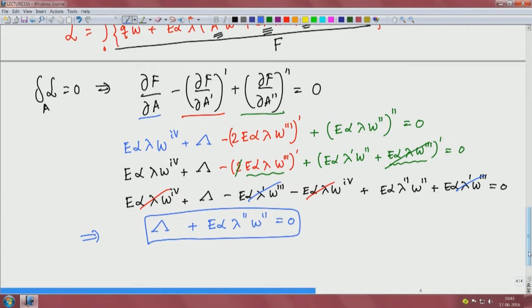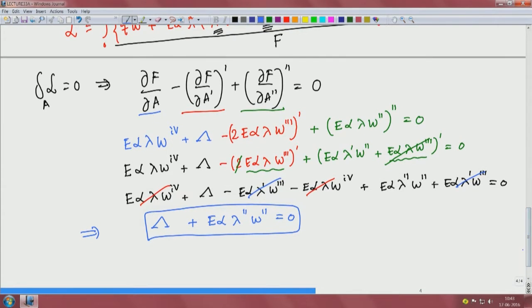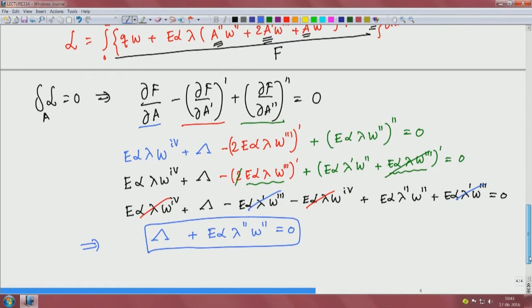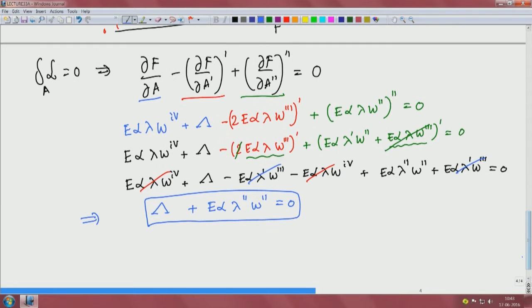So, then we proceed to do this variation of the Lagrangian with respect to W. For us to write, I think we have to rewrite this Lagrangian down here, so that we can easily take the variation. So, instead of writing the whole Lagrangian, let me just write the integrand of the Lagrangian.